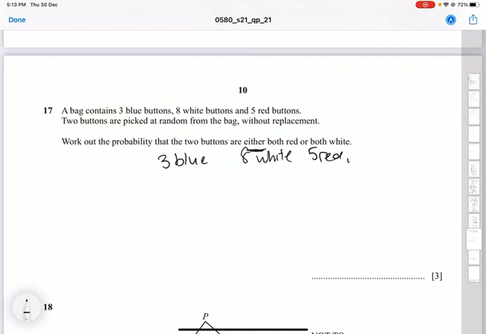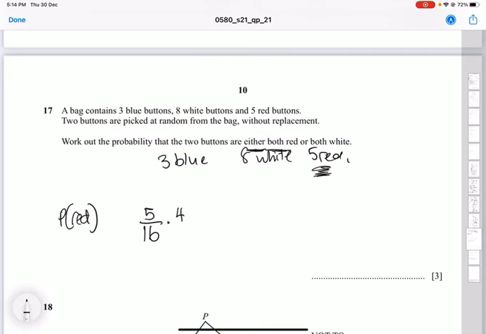So the probability to get one red button when you pick out initially should be 5 over 3 plus 8 plus 5, right? There are a total of 16 buttons here. So 5 out of 16, that's the probability of getting red in the first round. And then you need both red, right? So once you've taken one, it reduces.